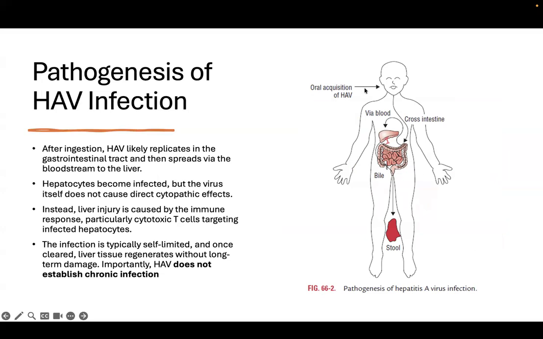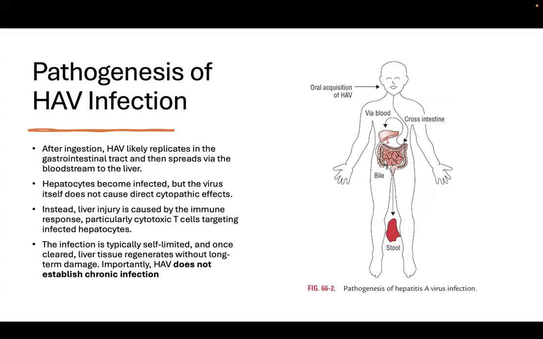And as I said, because it doesn't have an envelope, it's able to go through our stomach and our colon and withstand all these different pHs, like the acidity in our stomach. And once there, it goes through the blood into your liver. Once in the liver, it doesn't do the damage itself.